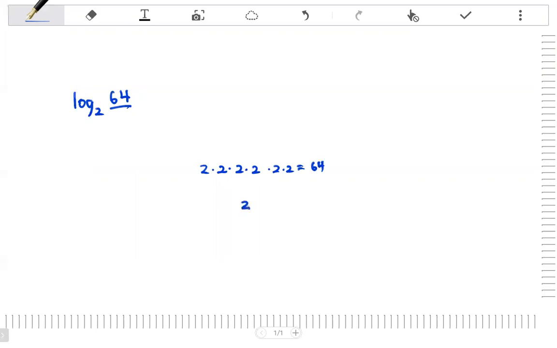So 2 to the 6th is 64. We want to match this base so that this number fits here. If 2 to the 6th is 64, we can just write 2 to the 6th instead of 64, right? So we can rewrite this problem as this.